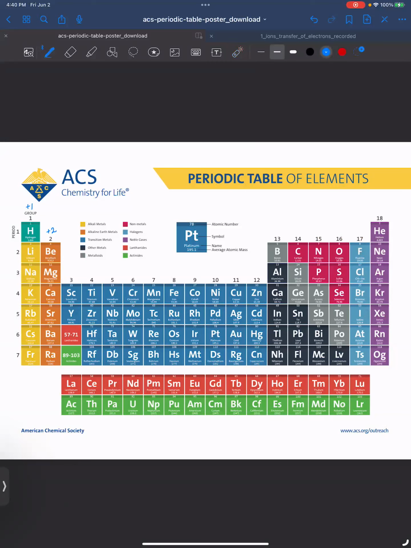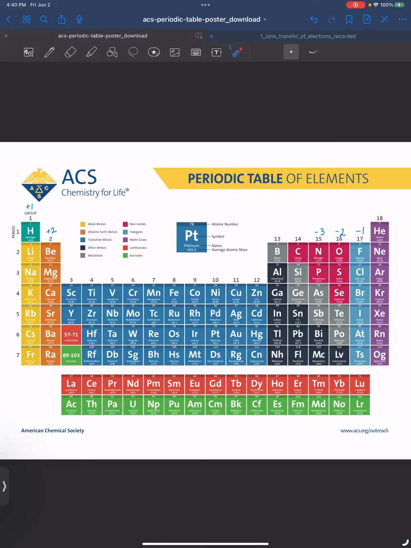And so you will learn that group 17 elements will have a -1 charge. Group 16 elements need to gain 2 electrons, so they'll have a -2 charge to be just like their nearest noble gas. So oxygen needs to gain 2 electrons to look like neon. And group 15 elements will form a -3 charge because they need to gain 3 electrons to be like their nearest noble gas.